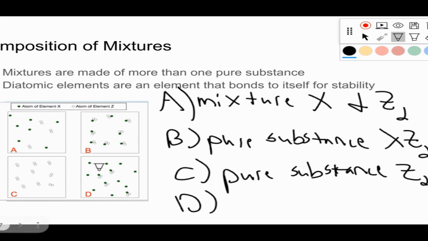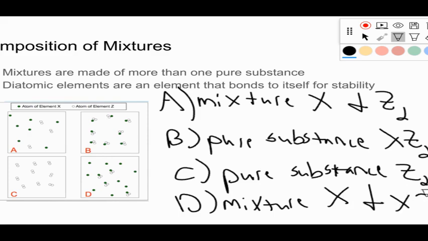And then picture D has these black dots, but it also has these compounds. So this one is going to be considered a mixture because it does not have only one substance. It has these black dots, which is X by itself. And then it has that compound we saw in picture B, XZ subscript 2.